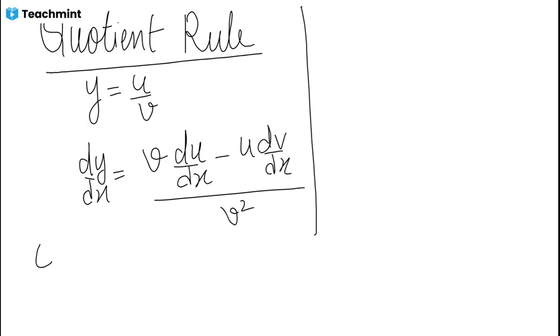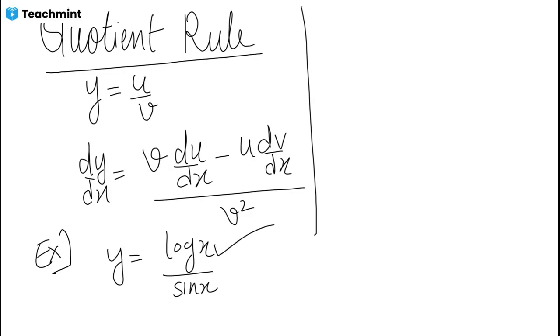Okay. So now let us do one example related to this to understand it well. If we have y is equal to log x over sin x, we have quotient form of these two functions. Log x is u and sin x is v. Now we need to differentiate it, so just find the dy over dx.